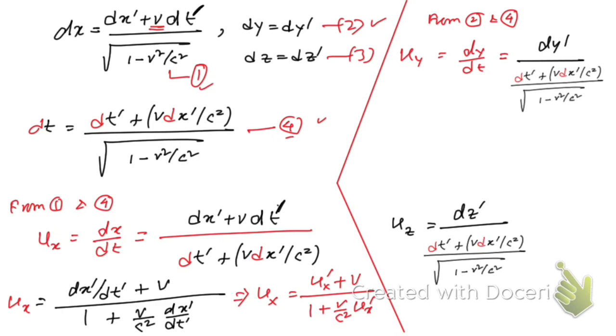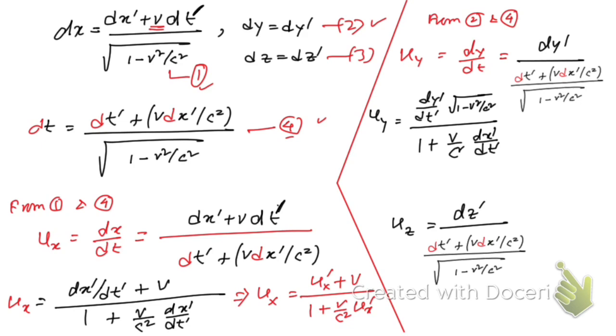This uy can also be written this way: uy dash times root over 1 minus v square by c square, divided by 1 plus v by c square times dx dash by dt dash, right?